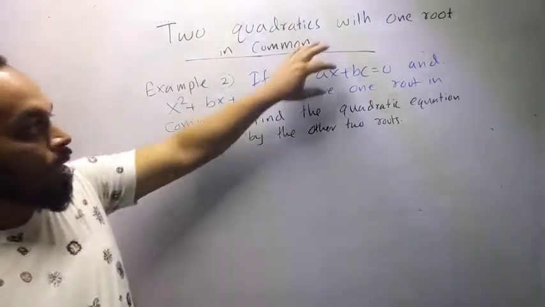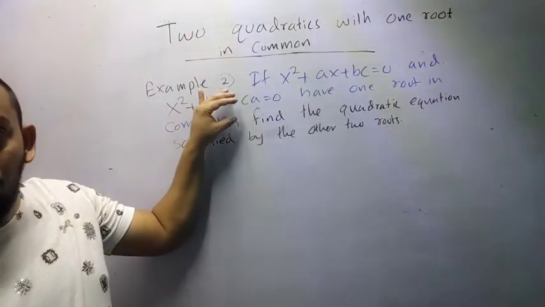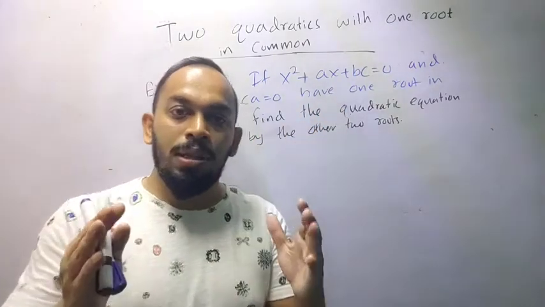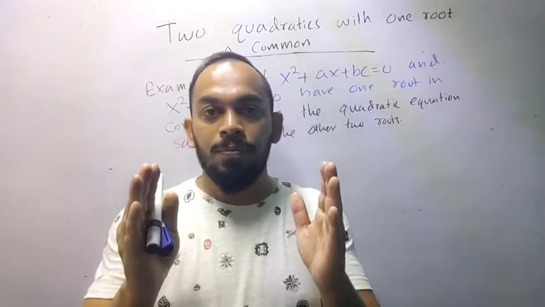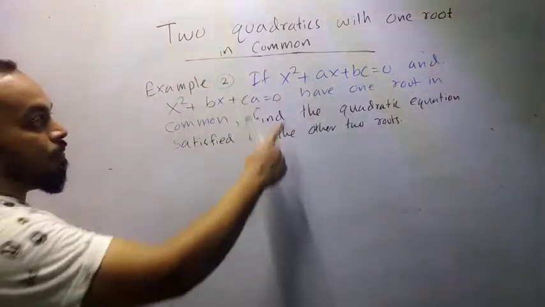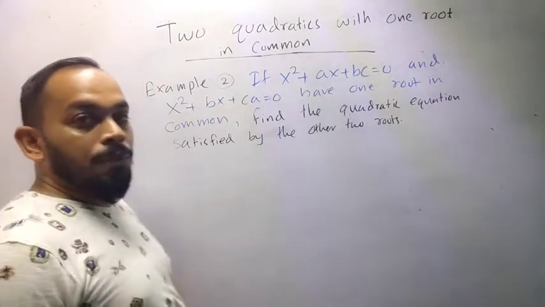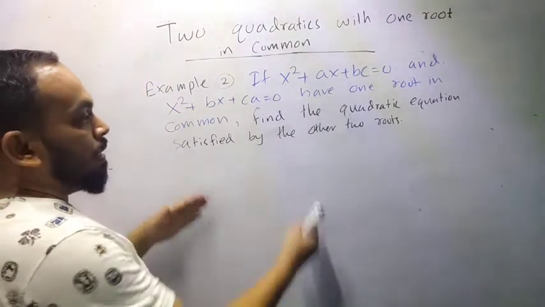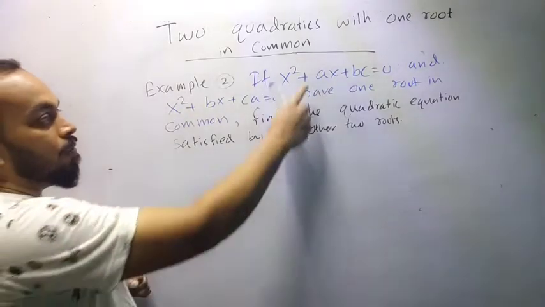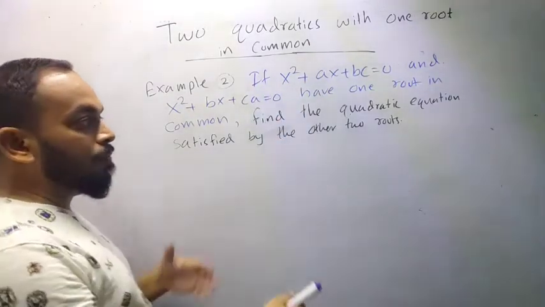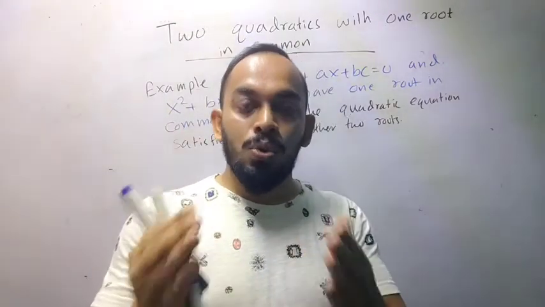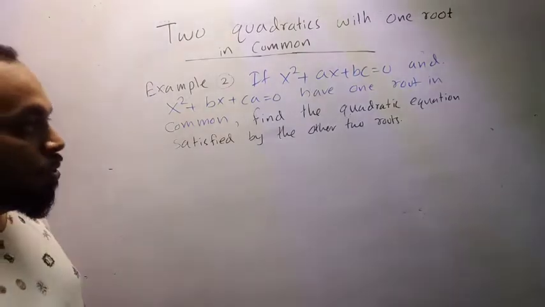So this one would have two roots and this one would have two roots, but they say that one root is in common. So actually there are only three distinct roots here, right? We know how to find the common root. The common root can be found very easily, and there will be two other roots remaining, one from each quadratic equation. So next they are asking us to find the quadratic equation whose roots are the other two roots.